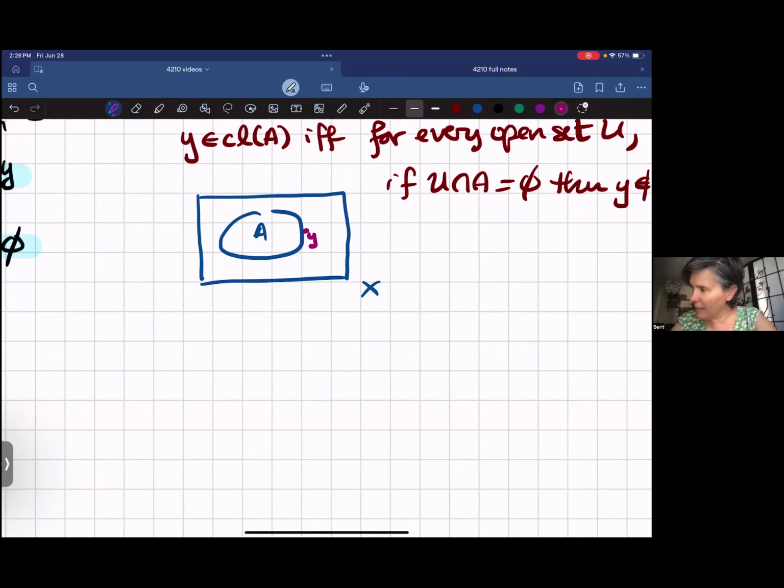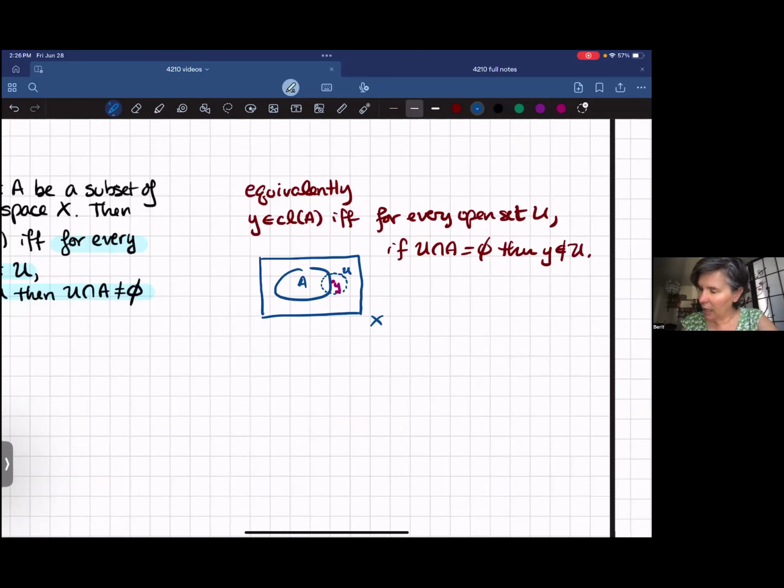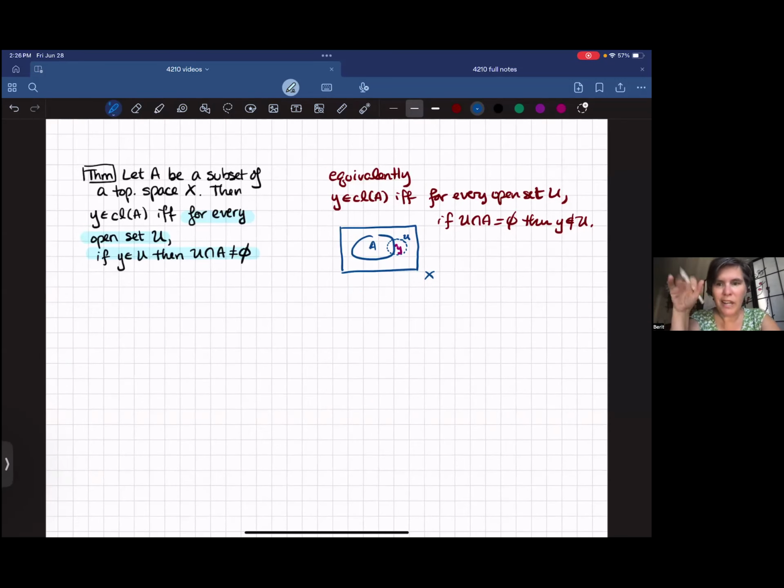And what we're saying is that no matter how small of an open set, no matter what kind of an open set we take, if we take an open set that has Y in it, that open set has to overlap with A a little bit. That's what the highlighted blue thing means. If we take an open set U that has Y in it, then that open set must touch A. Okay? So let's go ahead and prove this.